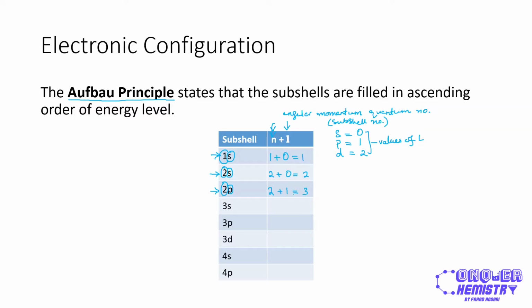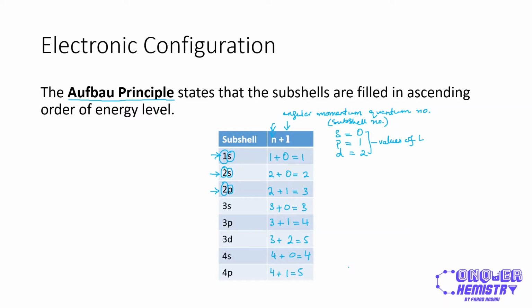Now 1 over here is the value of L for the p subshell. So 3s gives us 3 plus 0, that is 3. For 3p, we get 4. For 3d, we get 5. For 4s, we get 4. And for 4p, we get 5.